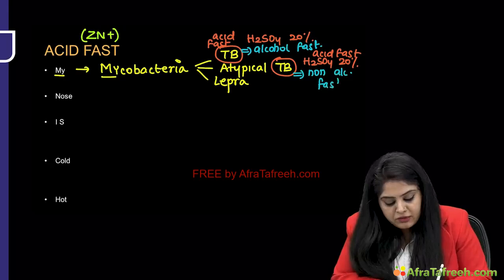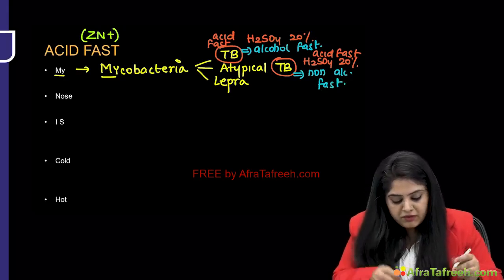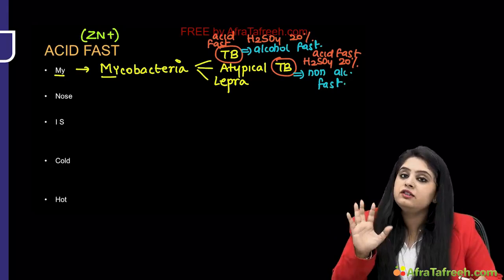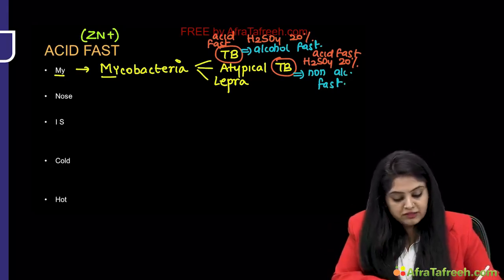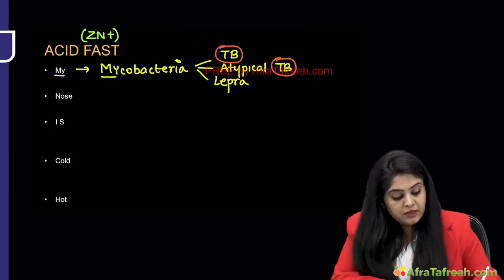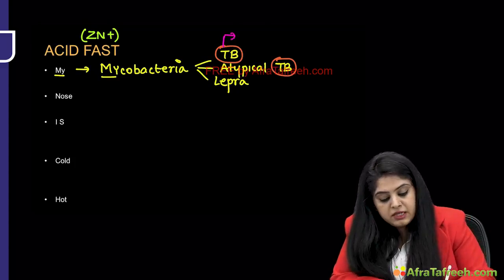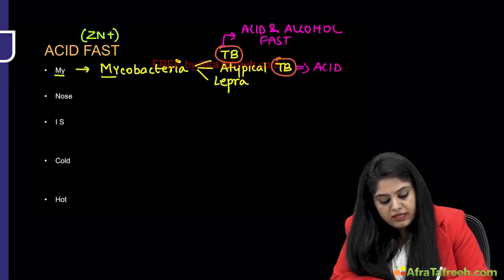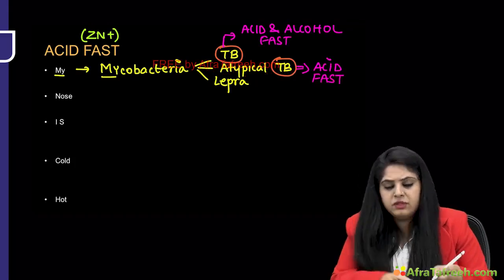So repeating once again, guys, listen to me very carefully. I'm going to write this once again because I want it to be as crystal clear as possible, because this concept will not come again. Please remember, typical TB is both acid and alcohol fast, whereas atypical TB is only and only acid fast. You were asking me about the concentrations.